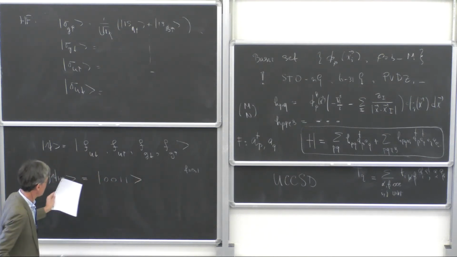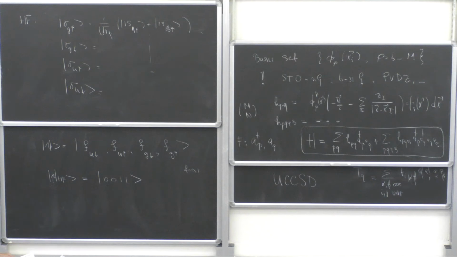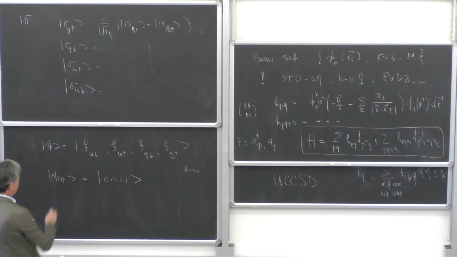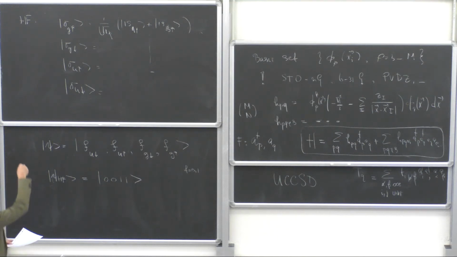This is not qubit language. This is still fermionic creation operator language. I'm stressing that because there will be some minus signs we have to deal with later. So this is Hartree-Fock in this basis, and as a wave function, it's a Slater determinant of those two top orbitals.